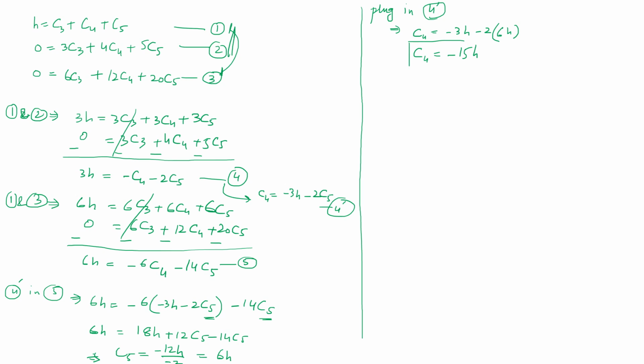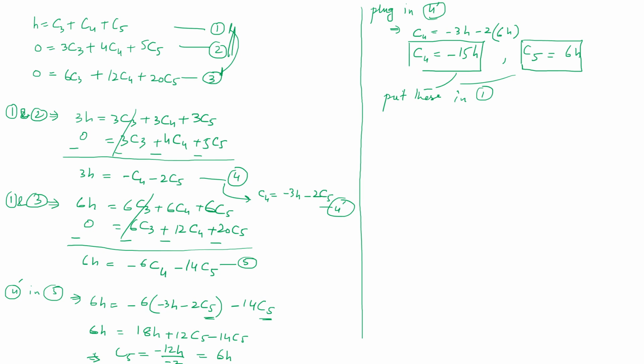So this is the other value, and c5 we have just computed to be equal to 6h. So I'm going to rewrite that over here. So now you have got c4 and c5 terms available. Plug these two values in one of the initial expressions, like equation number 1 can be used.